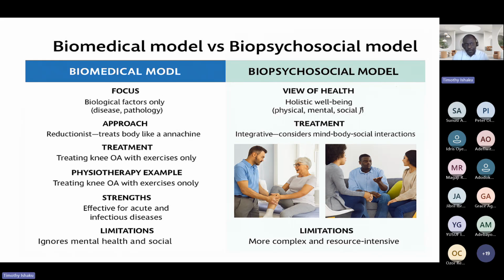While the biomedical model has its own strength, the limitation is it ignores the mental and social components. While the biopsychosocial model is the pathway we are hoping, and I'm hoping that going forward, people will consider it in their practice. It's a bit more complex, and sometimes it can be resource intensive, which is a luxury.